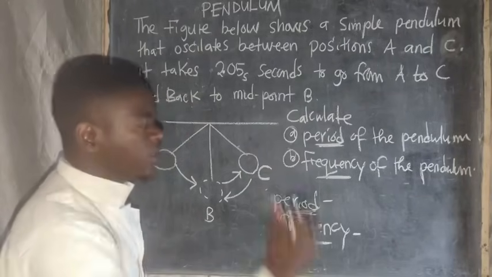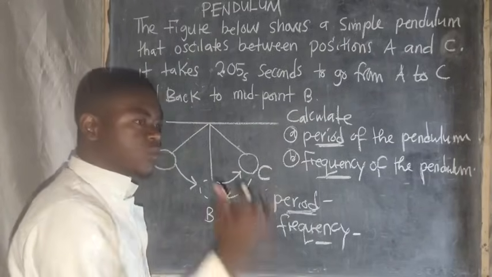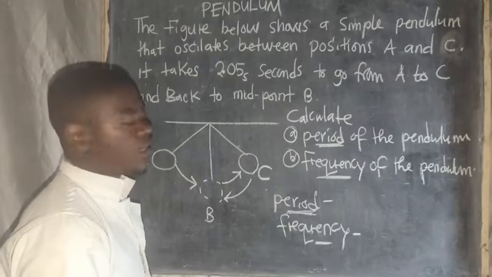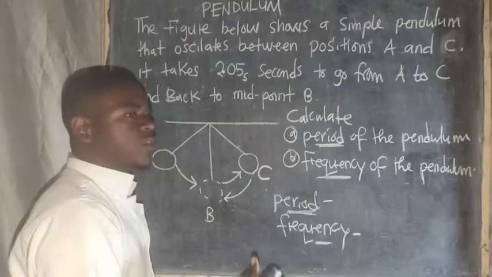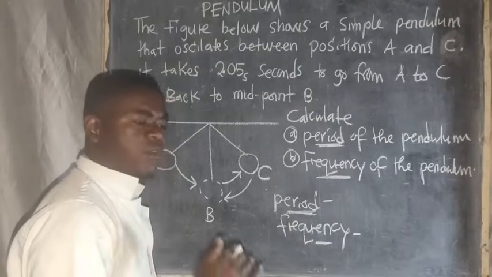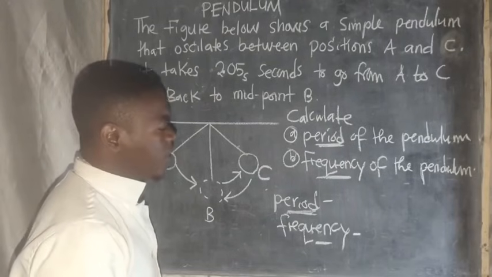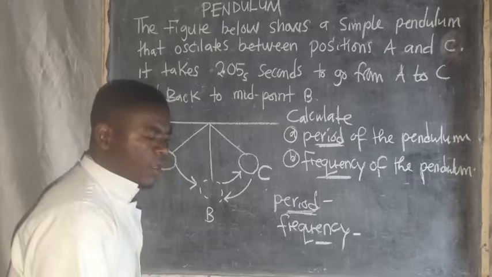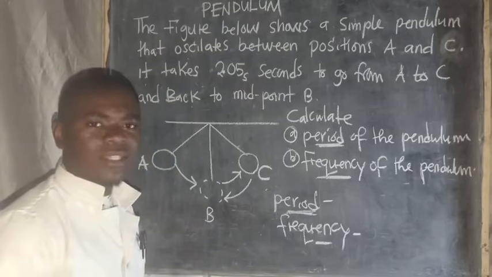Sometimes a question will come where they tell you to define the period of a pendulum. Each time you are defining the period of a pendulum, it is the time taken for a complete oscillation. What do we mean by a complete oscillation? I mean the time that it takes to move from here, to there, and back to C. That is a complete oscillation.